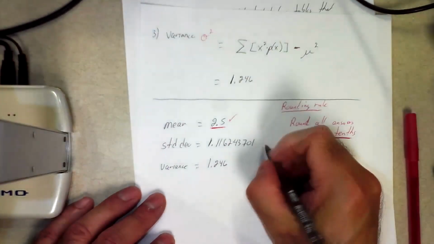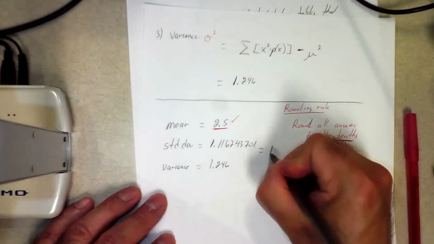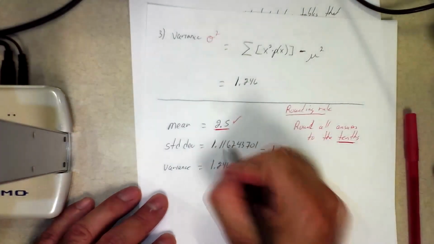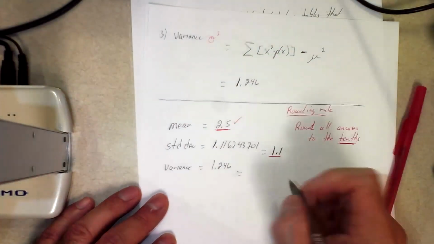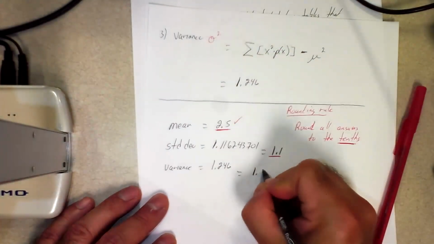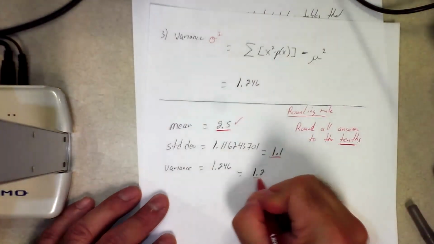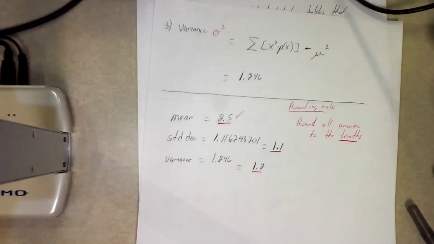This one's going to be 1.1. This one's going to equal 1.2. And some of them you don't have to round like the mean, but the other ones you're going to have to round to the tenths. So that's the rule for rounding your mean, standard deviation, variance when you're dealing with probability distribution tables.